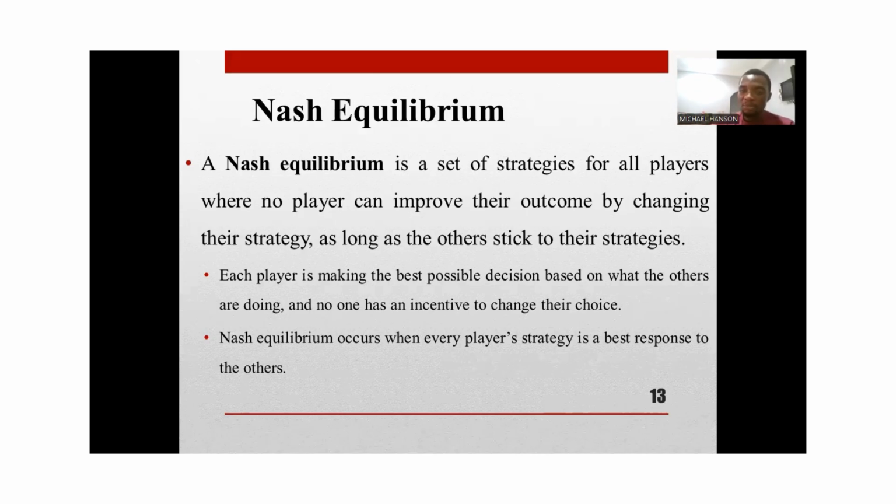Remember, Nash equilibria are made from dominant strategies, and your dominant strategies are your best responses. It means that if you are in a Nash equilibrium and you decide to change your decision, you are going to be worse off. So a Nash equilibrium is that strategy that gives you the best payouts where there is no other incentive for you to change your decision. That's a Nash equilibrium.